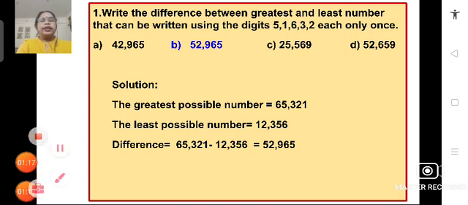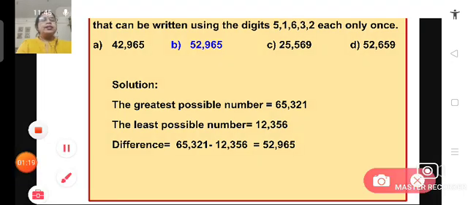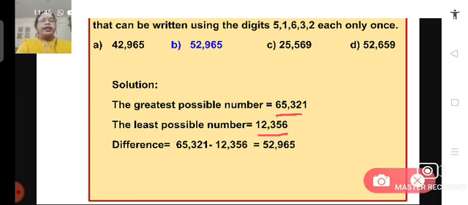So the greatest possible number is 65,321 and the least possible number is 12,356. When we find the difference of these two numbers, what do we get? We get 52,965. So option B is the correct answer.